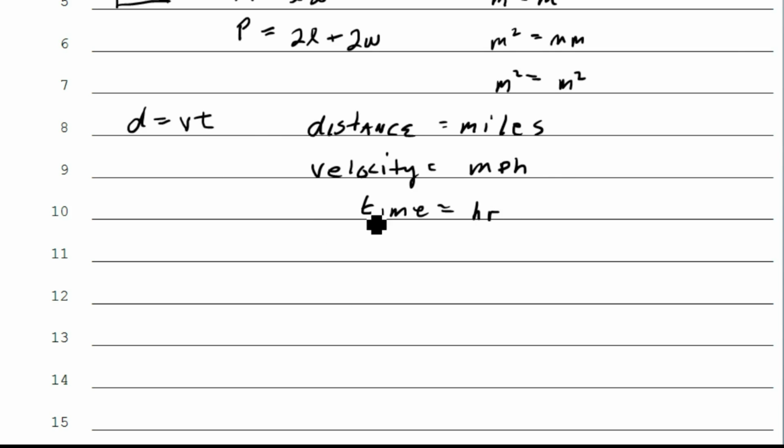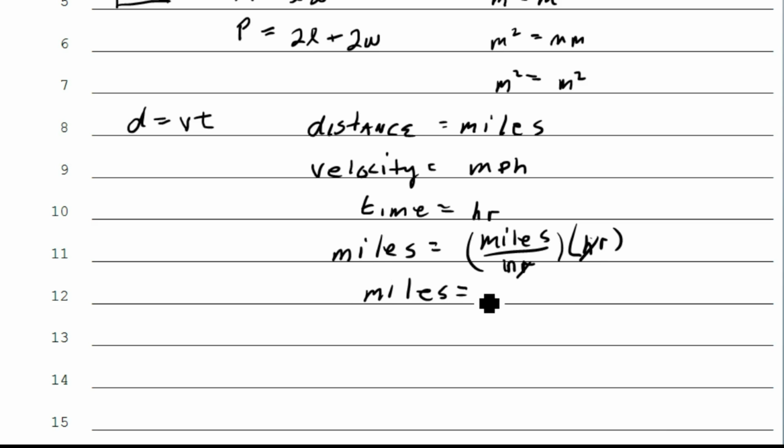And you see distance is in miles, so the other side, all things considered, has to be in miles. Got velocity, which is miles per hour, and time in hours. The hours cancel and you're left with miles equals miles, as it should be.